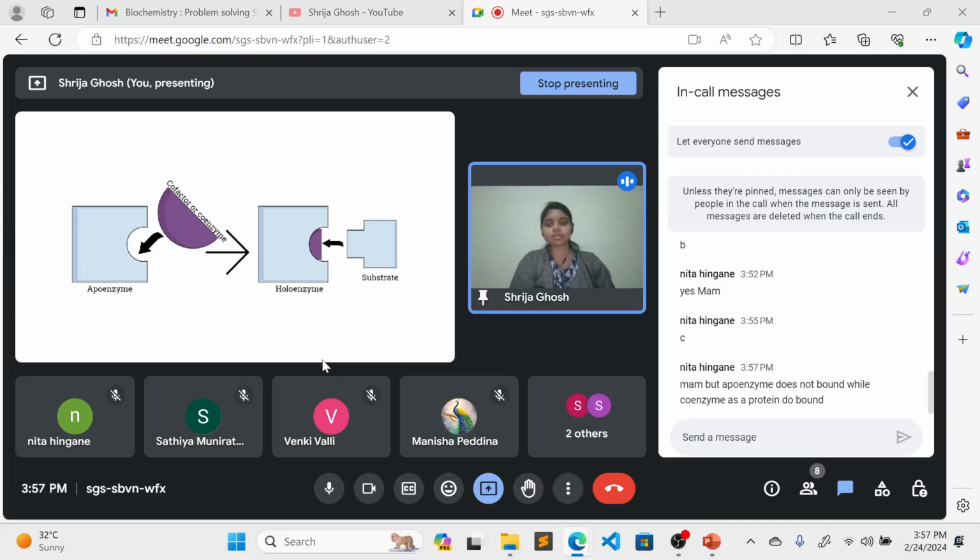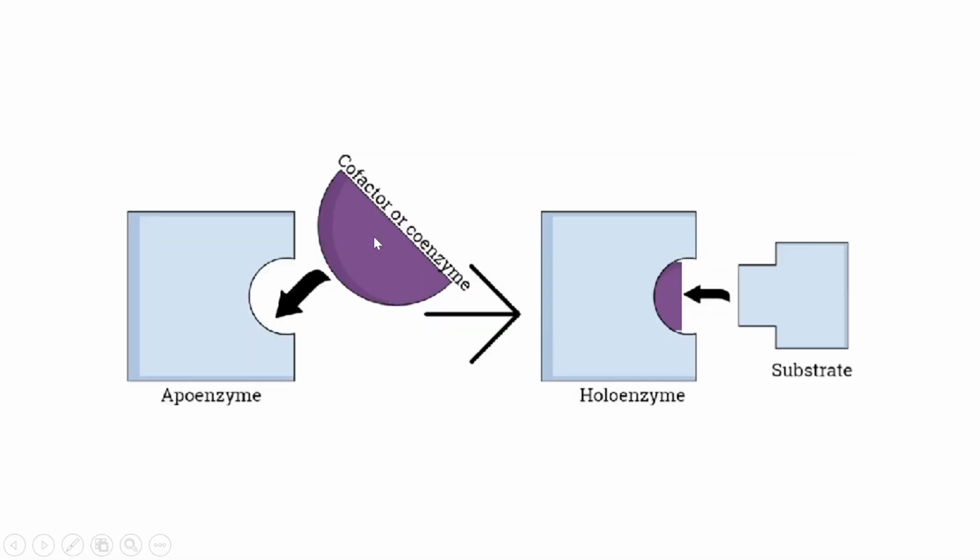So here's the diagrammatic representation of apoenzyme. If you see, without the cofactor, the enzyme is called the apoenzyme. Once the cofactor binds to it, it is called holoenzyme. Without the cofactor, the substrate cannot bind to the enzyme. The difference between allostery and this concept is that in case of allosteric effect, the small molecule that was binding was not binding at the active site, and there was a regulation.